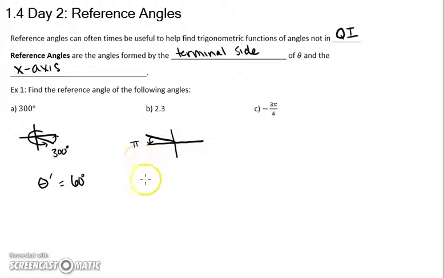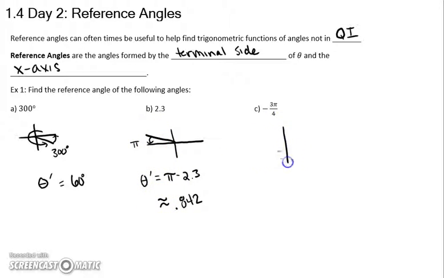So that angle, our theta prime, is going to be pi minus 2.3. Right? That's what's going to be left over when we do that. So if we want to put that in a calculator, you're going to get something that's approximately 0.842 is going to be the reference angle there. So whatever it takes to get to that x-axis.